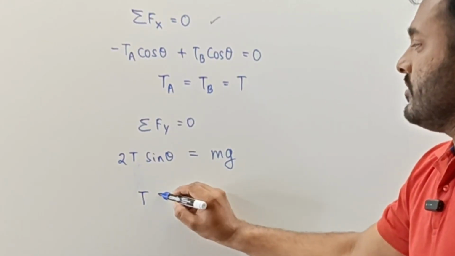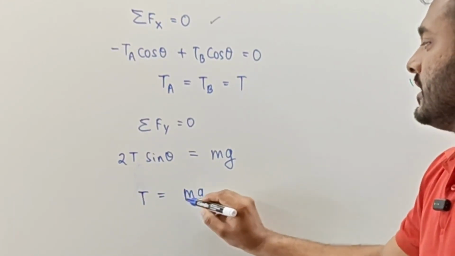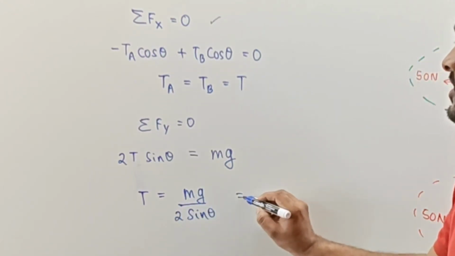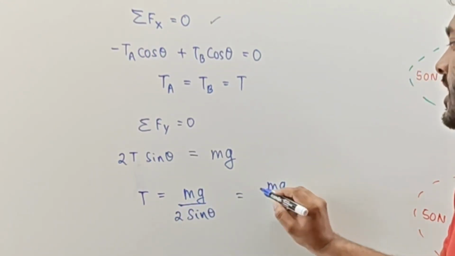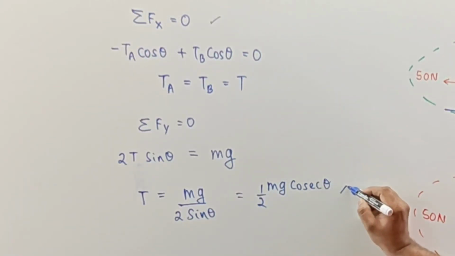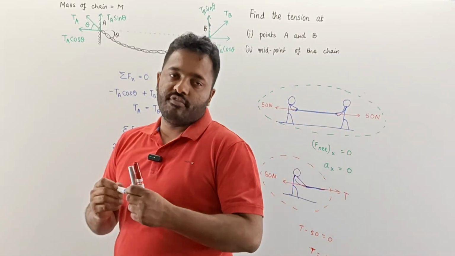Hence when we calculate this T, we get mg by 2 sin theta, or we can simply write half mg cosec theta. So this is the first part of the problem which we have.